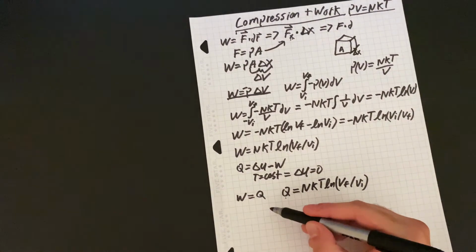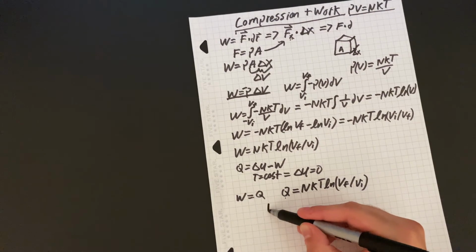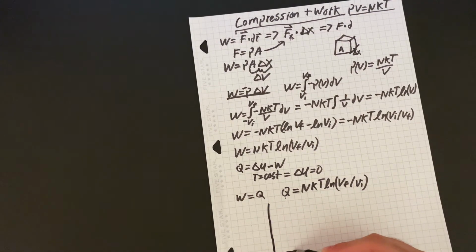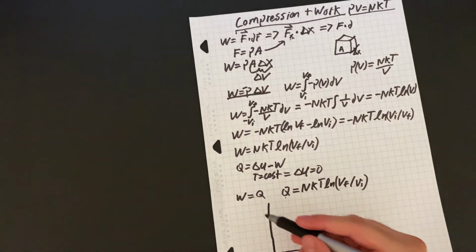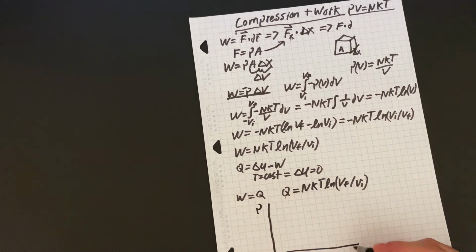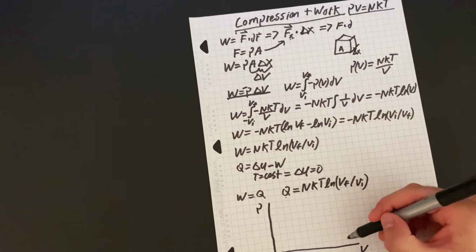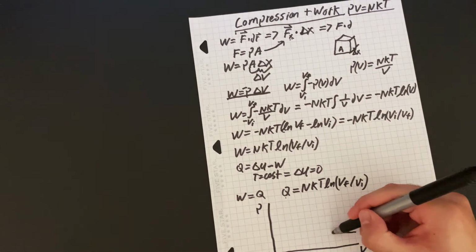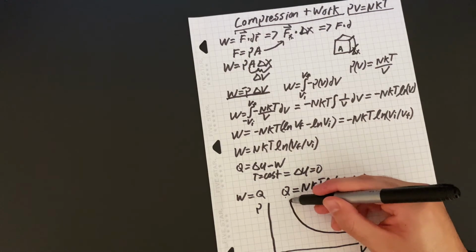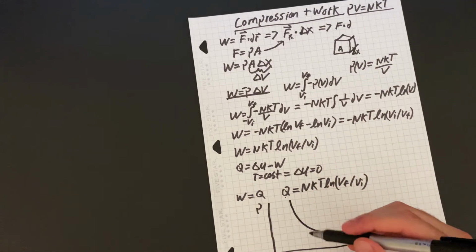Now one last thing I want to show you is a drawing of the PV diagram on this system. So PV as in pressure as a function of volume. And that comes from this 1 over V here, and it goes in the shape of a hyperbolic function like that.